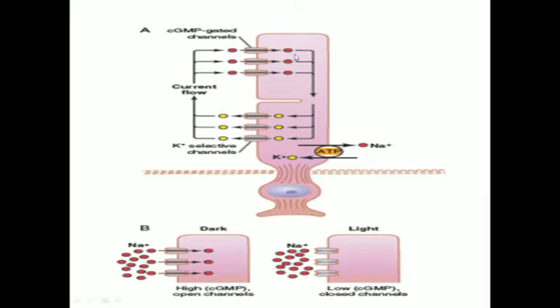These are positive ions, and this will reduce the negativity of the whole cell inside, the negativity which was created due to the sodium potassium pump. This will be reduced by this continuous inflow of positively charged sodium ions. Hence, the electronegativity inside the membrane decreases and it measures about minus 40 millivolts.